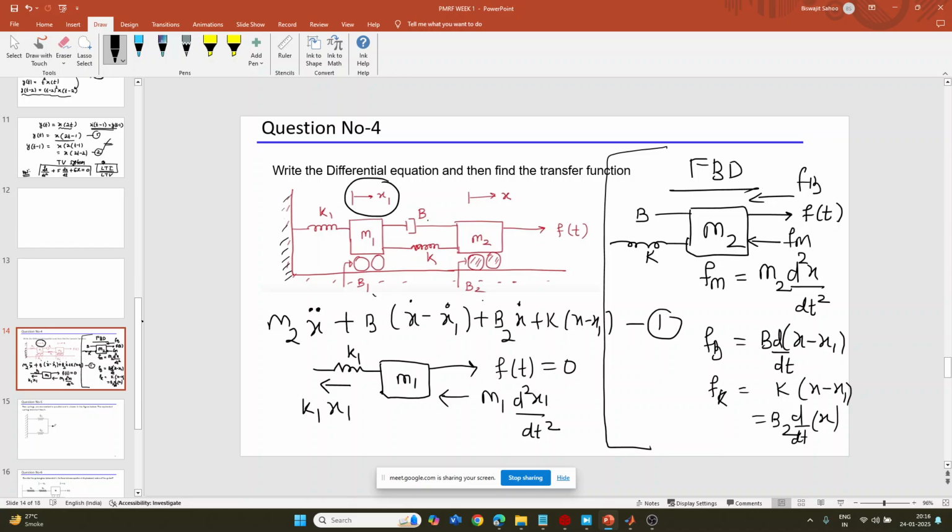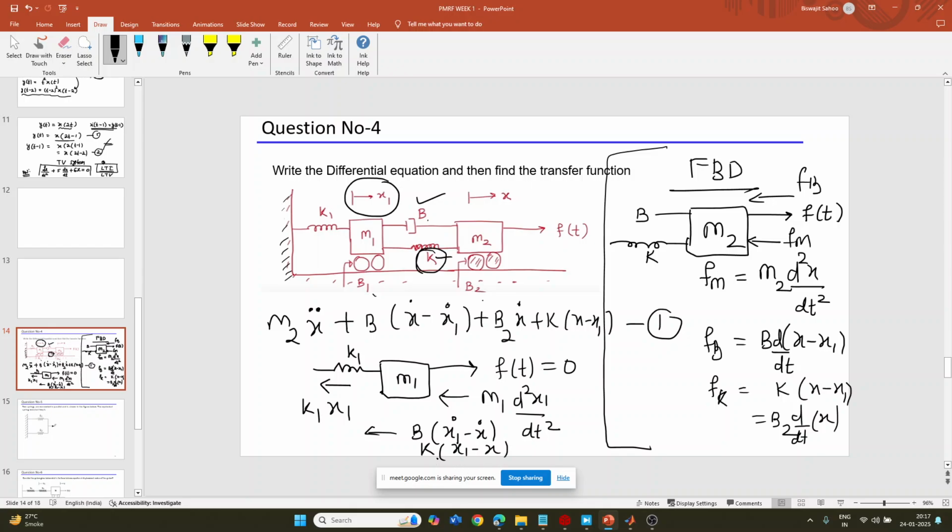And because B and K are connected on the right hand side, there is some force in the left hand side, which is B times (x1 dot minus x dot). Another force is there because this K is connected between m1 and m2, so you can write K times (x1 minus x).